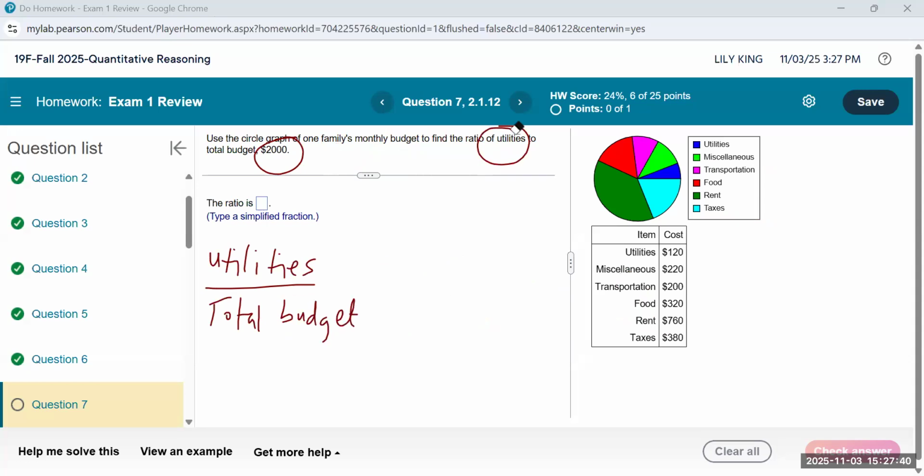On the table, the cost for utilities is $120, and your total budget is $2,000. The dollar will cancel out, and to get the reduced form, you type this in your calculator, and this is 3/50.